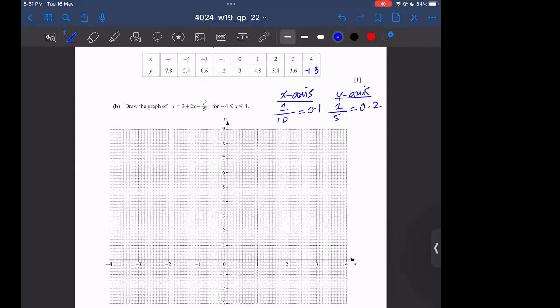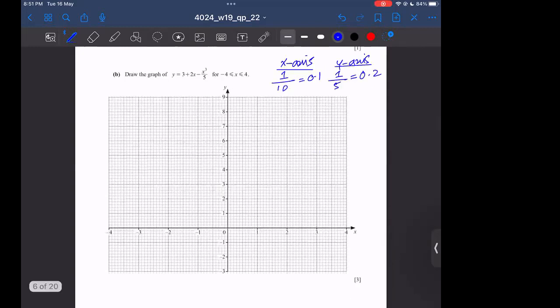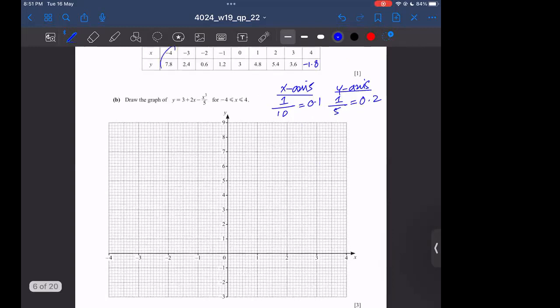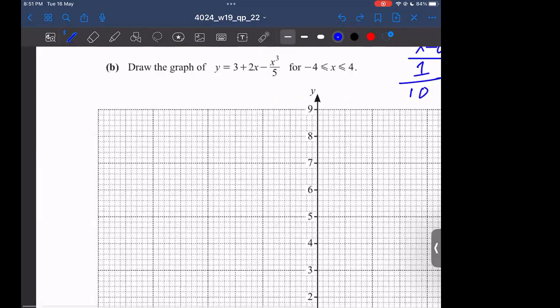So one tiny small box in the x-axis is equals to 0.1, and one tiny small box in y-axis is equal to 0.2. So you have to plot minus 4 comma 7.8. So this point over here is going to be 7.8.